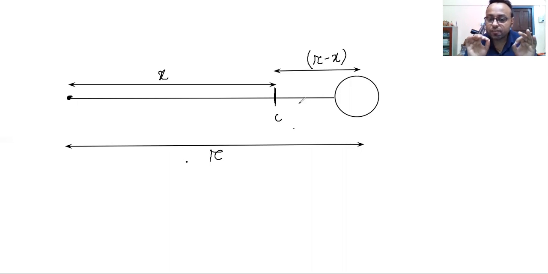If I'm writing the angular momentum of the atom, it cannot be only the angular momentum of the electron. If my nucleus is also moving, then I have to add the angular momentum of the nucleus as well. Earlier we were thinking that the nucleus is at rest because it's too heavy to move.